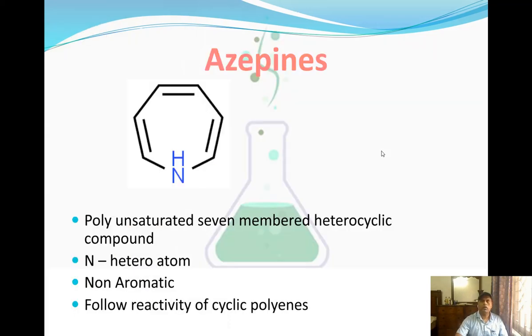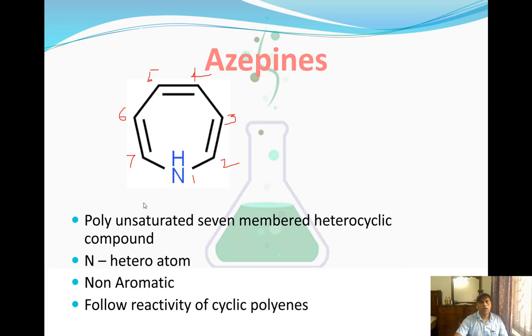Let's study azepines. As you can see on the screen, this is one of the azepines. There is a set of azepines. So this is one azepine, actually 1H-azepine. The numbering: 1, 2, 3, 4, 5, 6, and 7.